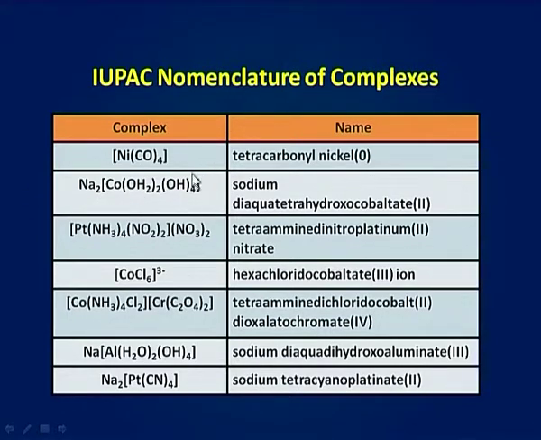For this complex, there are two types of ligands. One is H2O and the other is OH. As H2O is named as aqua, it comes first alphabetically. Therefore, the name of the complex will be sodium diaquatetrahydroxocobaltate(II).